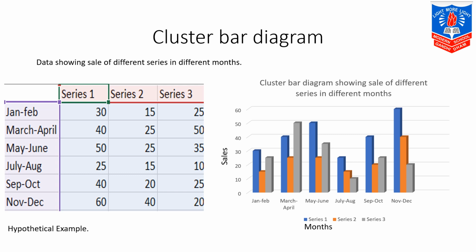So January, February, it was 30. So over here, January, February, first we will mark till 30. The next is series 2, 15. So we will mark till 15. After that, we have series 3. We will mark it till 25.